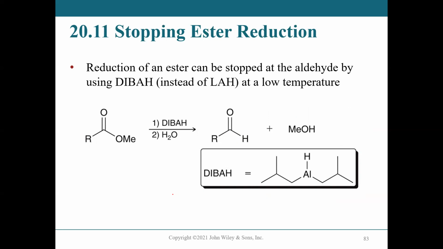Reduction of an ester can be stopped at an aldehyde by using DIBAH. That's your diisobutyl aluminum hydride. So you have two butyl groups here. You count, there's 4. So that's your diisobutyl aluminum hydride.